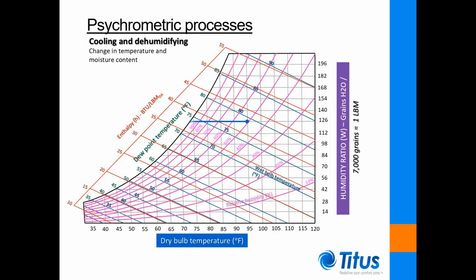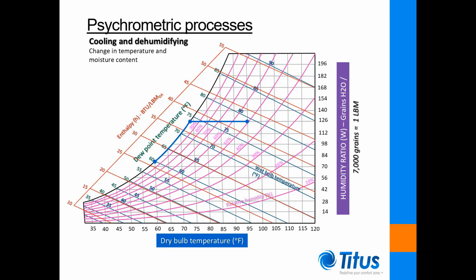The air mixture initially undergoes a sensible cooling process until it reaches its saturation line, which is around 74 degrees. Note that the dry bulb, wet bulb, and dew point temperatures are all the same at this point. As the air mixture experiences further cooling, moisture begins to fall out, and any further temperature drop is accompanied by the condensation of additional moisture.